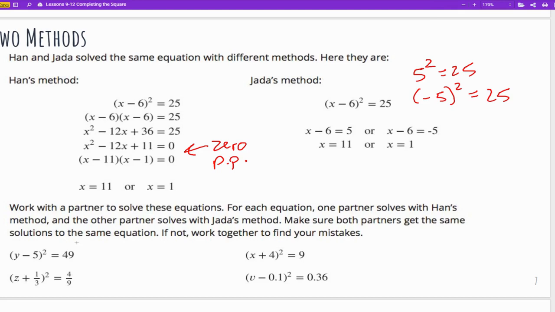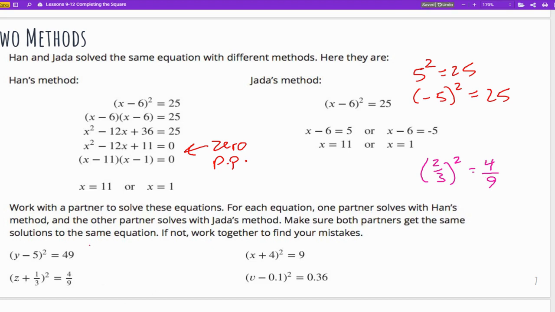Okay, so let's do this one. z plus 1/3 squared equals 4/9. Well, what squared gets you 4/9? Well, let's see. 2 times 2 is 4, and 3 times 3 is 9. So 2/3 squared will be 4/9.